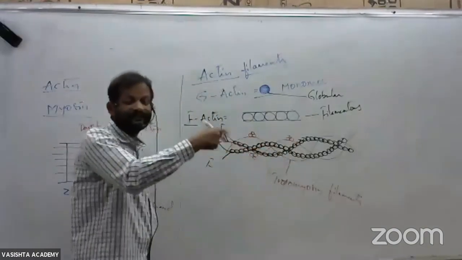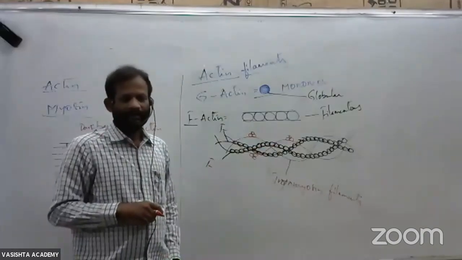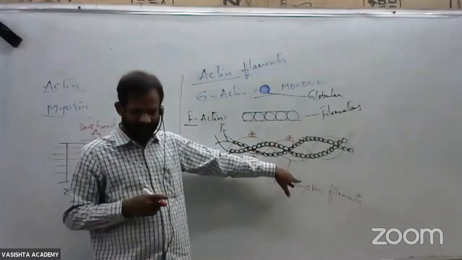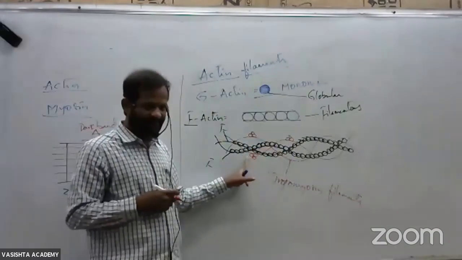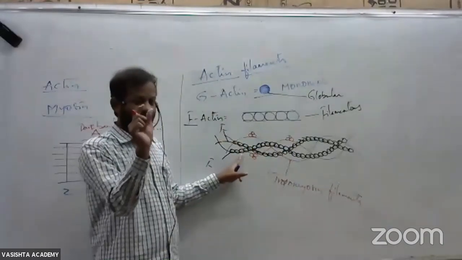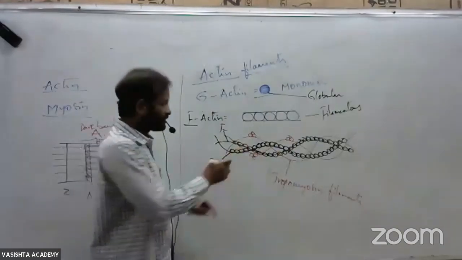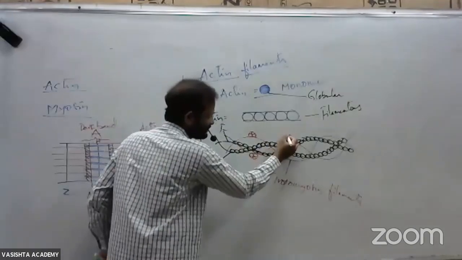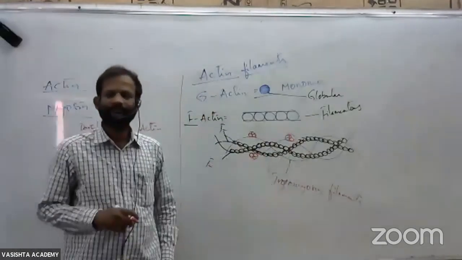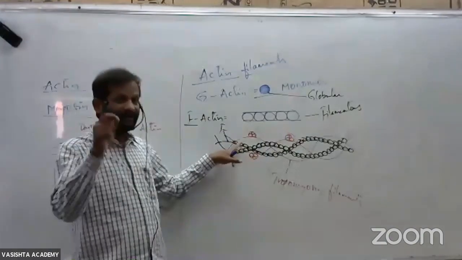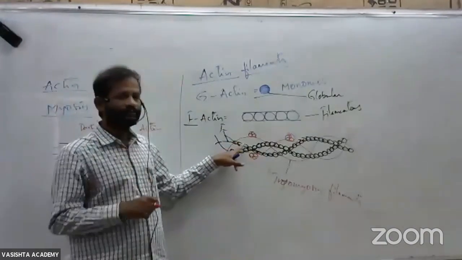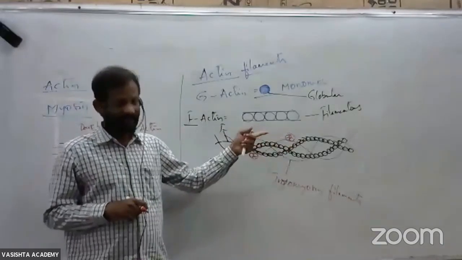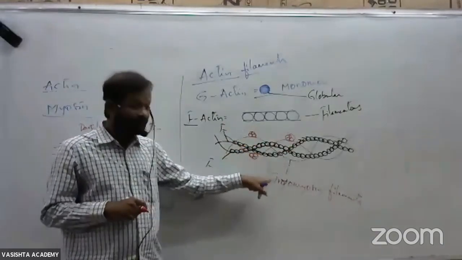At regular intervals, in series, throughout the length of tropomyosin filaments, we can find these active sites. I am showing 3 units in that structure. Such active sites are absent in F-actins. So they are present only in tropomyosin filaments.